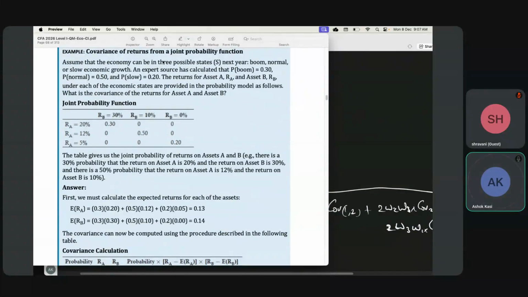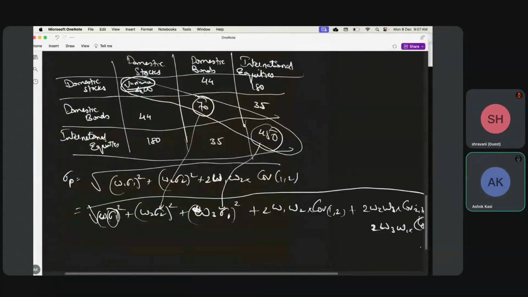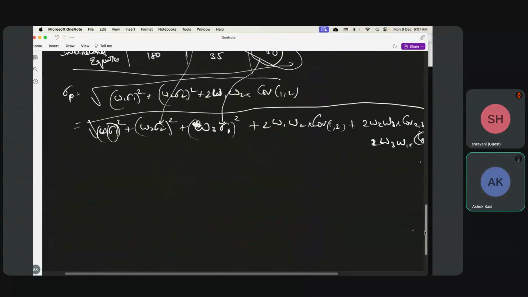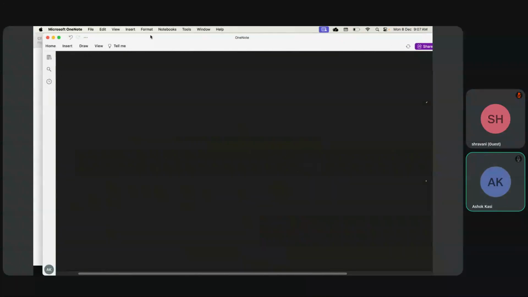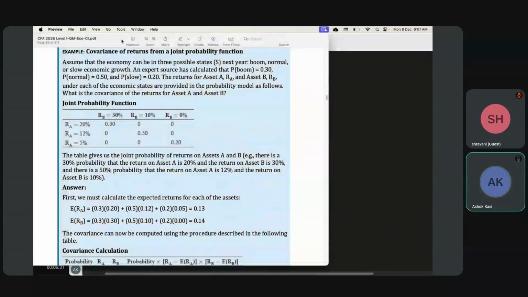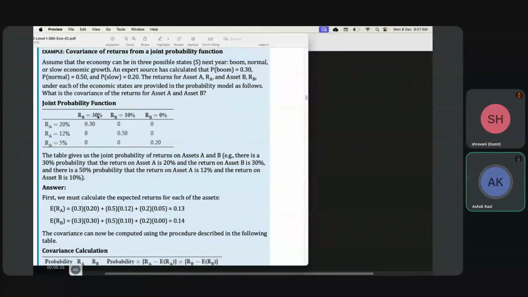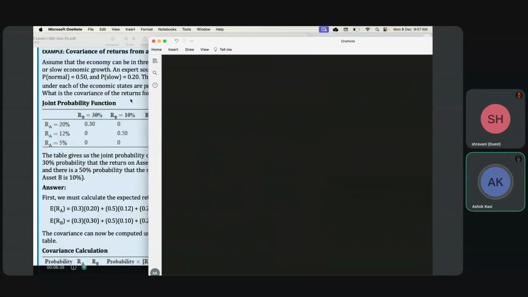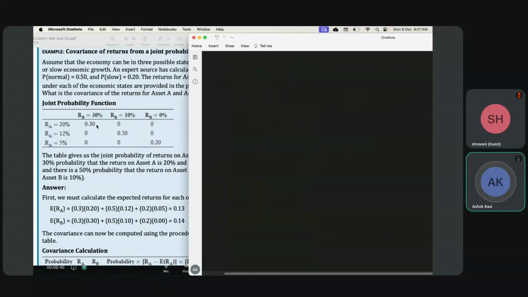Covariance of returns from a joint probability. Joint probability means the number in between is the probability, the joint probability for both.